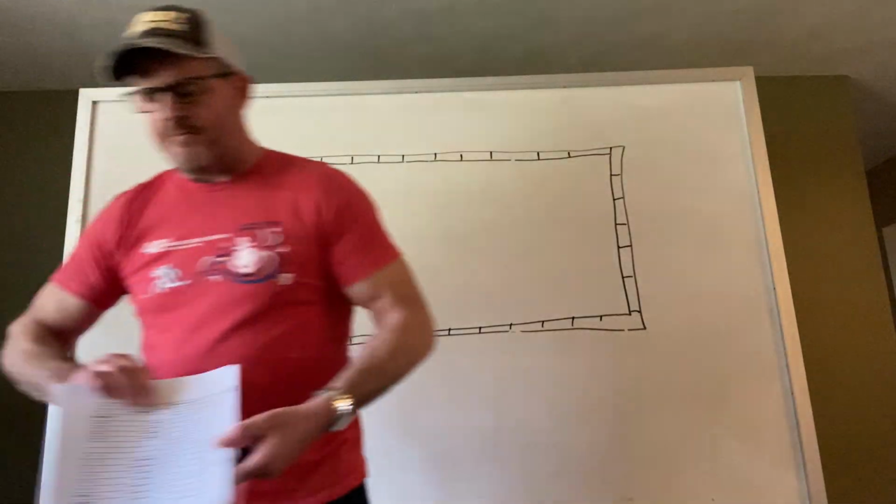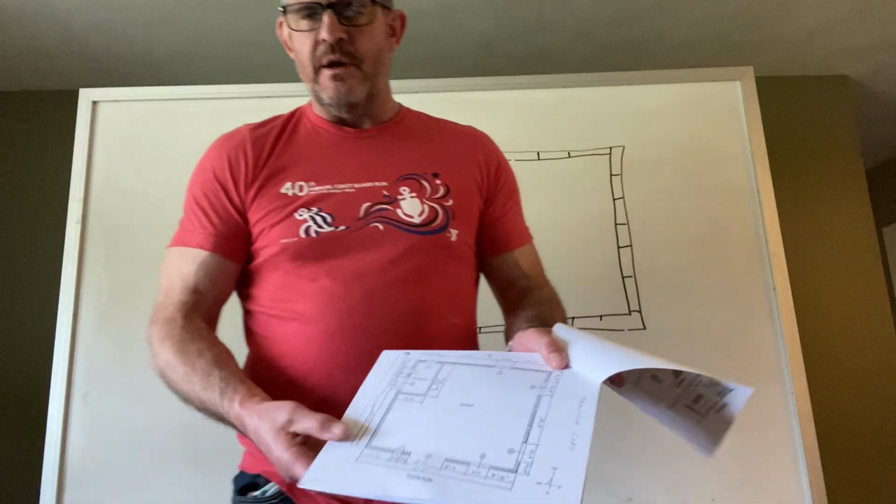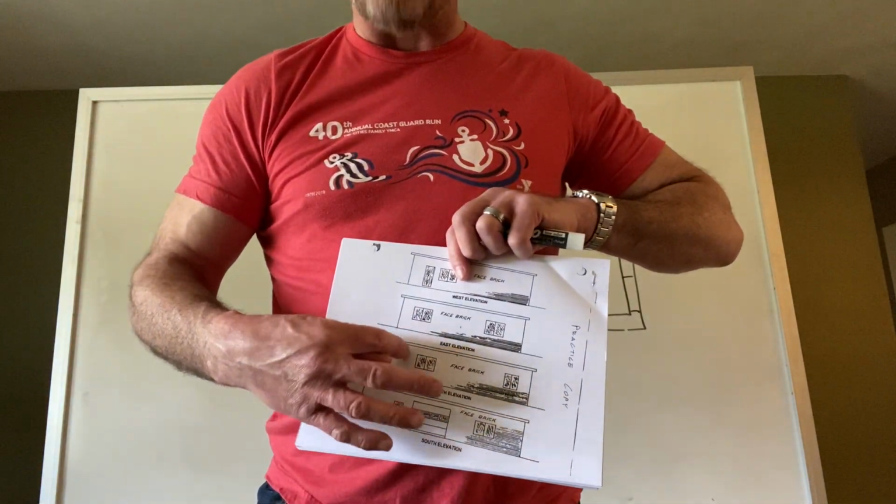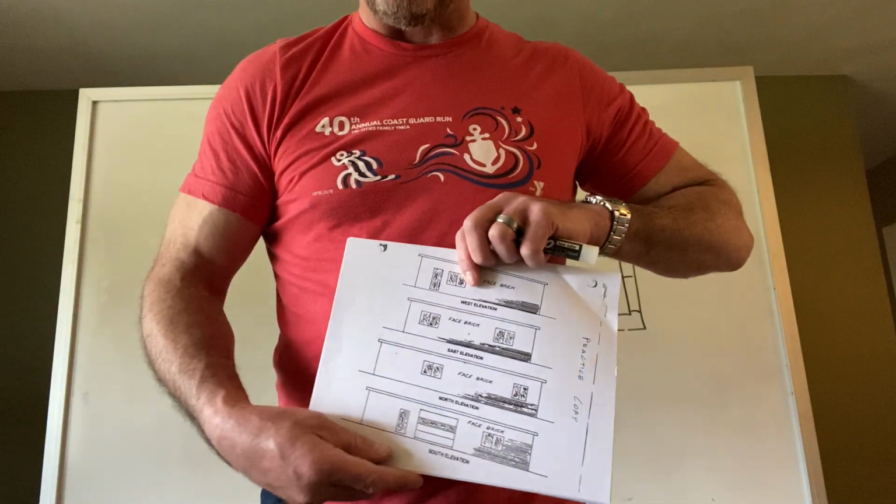So understanding that, again, we always go to our print. What do we see? If we go to our floor plan, we can see we've just got the perimeter of our building, and knowing that it needs to continue the entire perimeter, we go to our elevation and we see that that means that it has to be at the top of that tallest door in order to continue all the way around the perimeter.